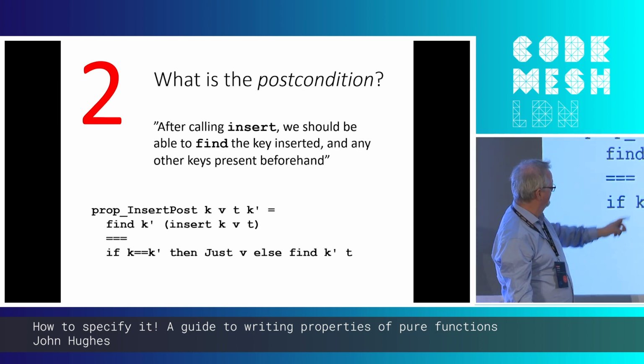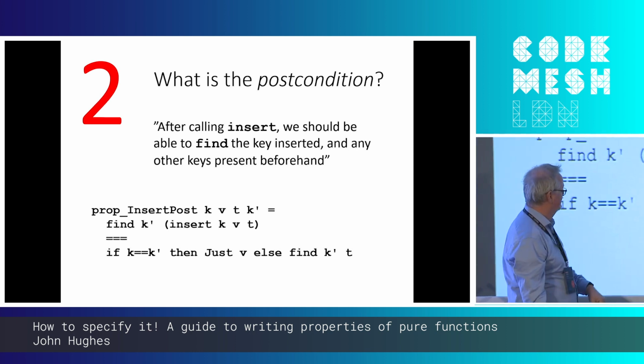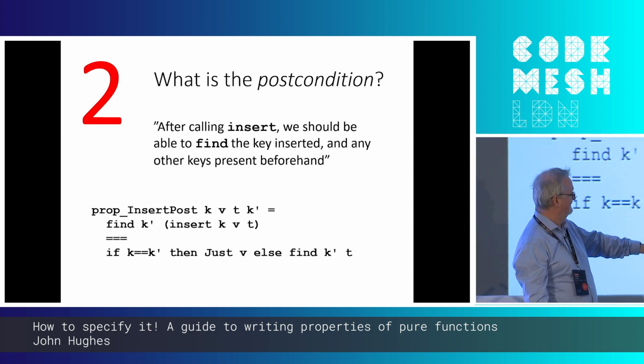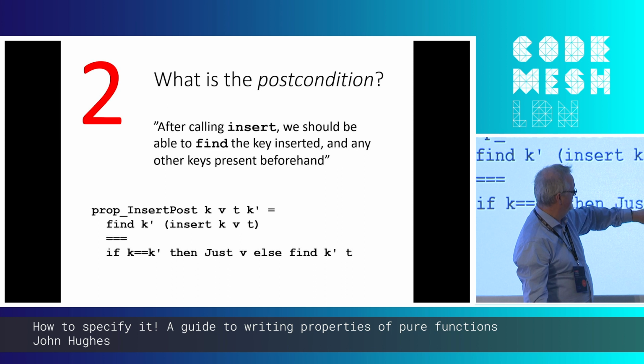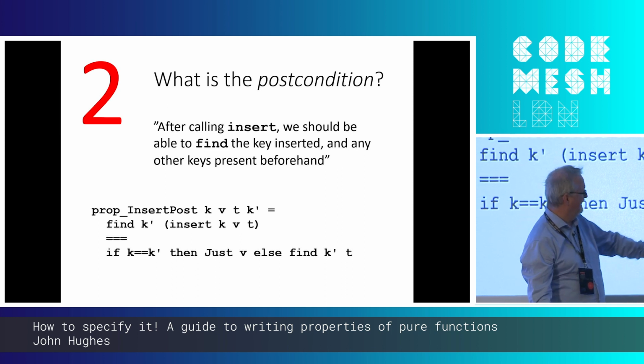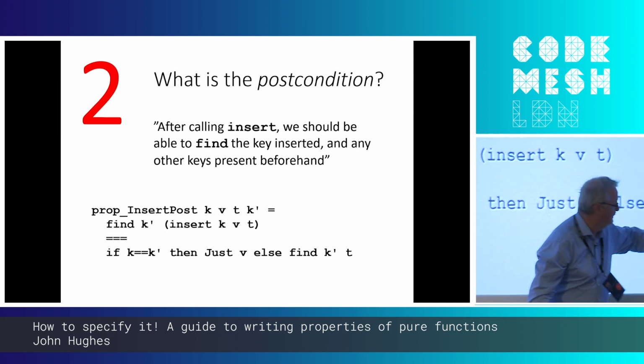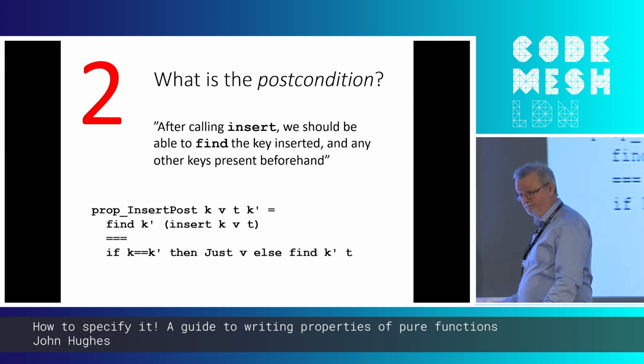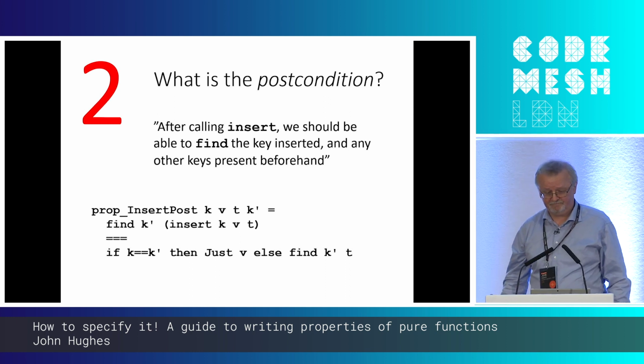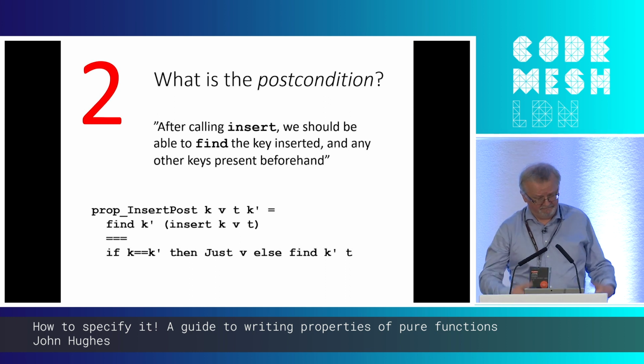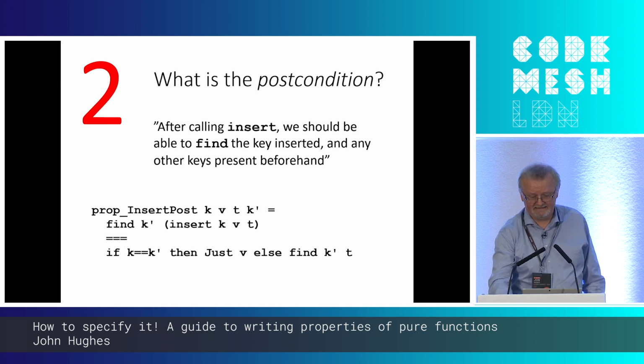Well, it depends on whether or not k and k prime are equal. If they are equal, I should get just the value that I just inserted. Otherwise, I should get the result of calling find on the tree before the insertion. And this is a very useful property to write.